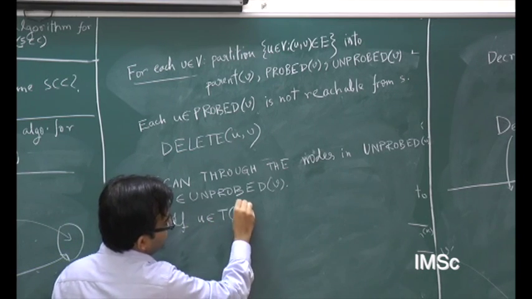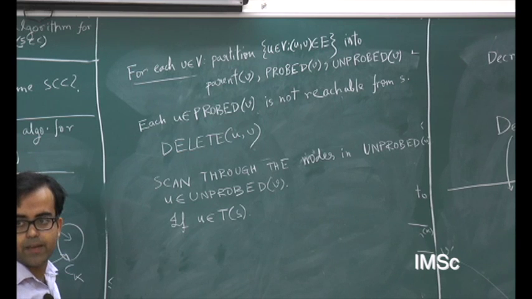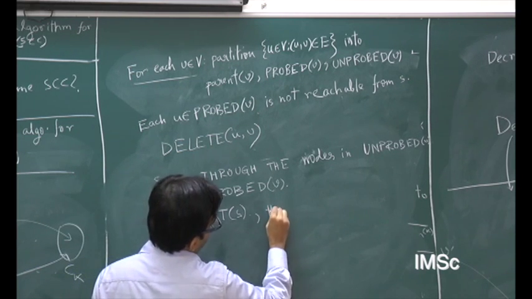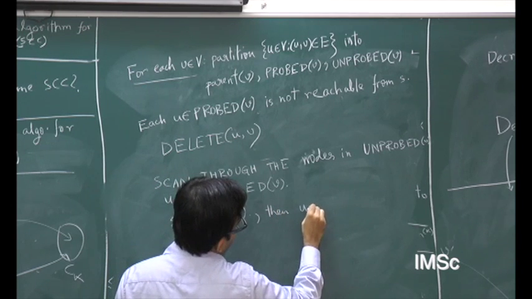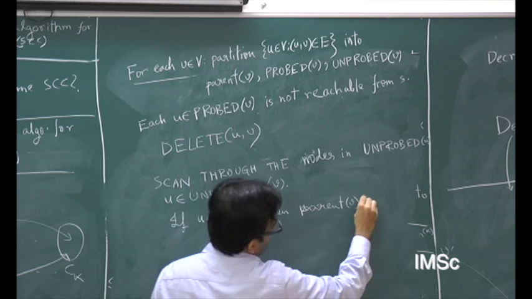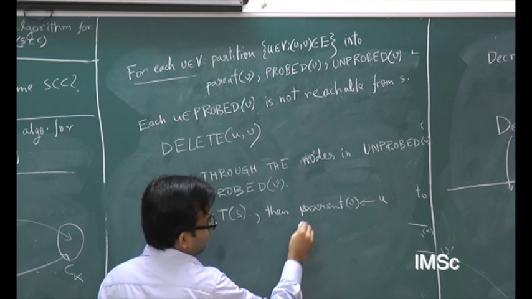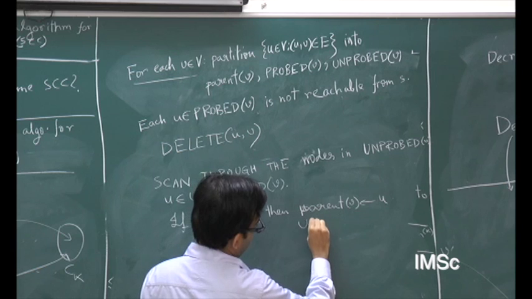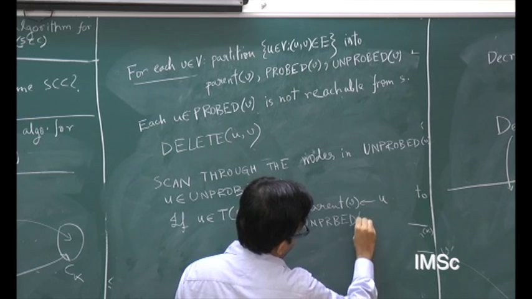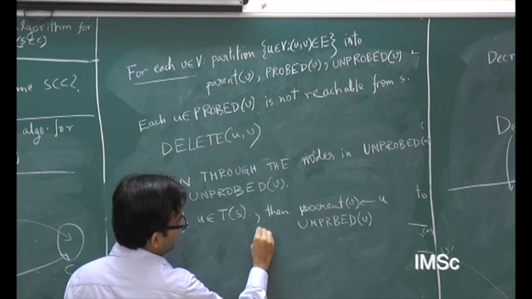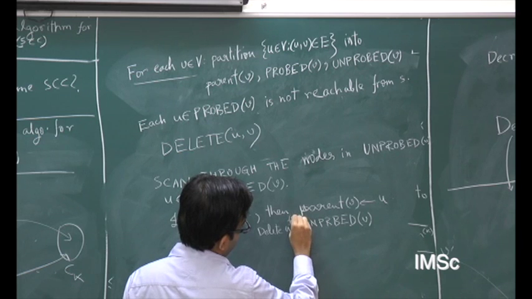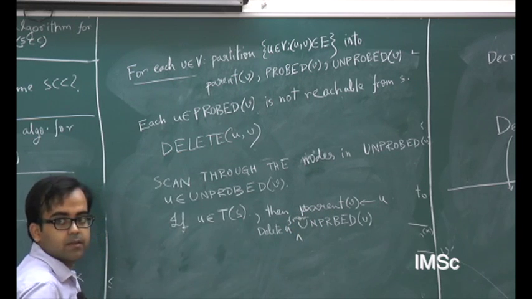If U belongs to this tree, you can just check it, right, whether U is valid or not. Each node can store a pointer. Then make U the parent of V, and delete U from unprobed V, and the tree is fixed.